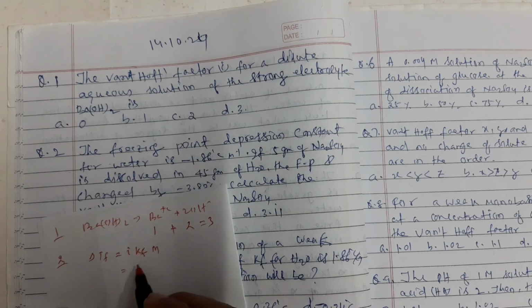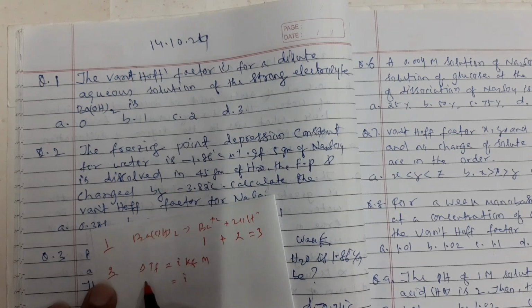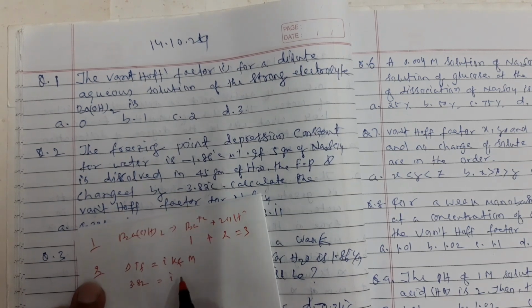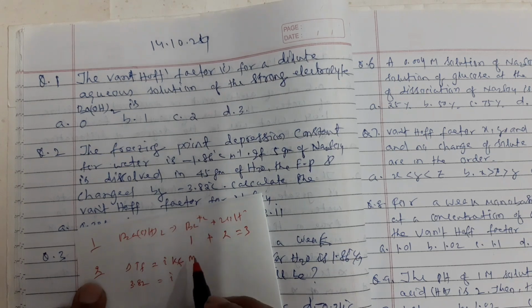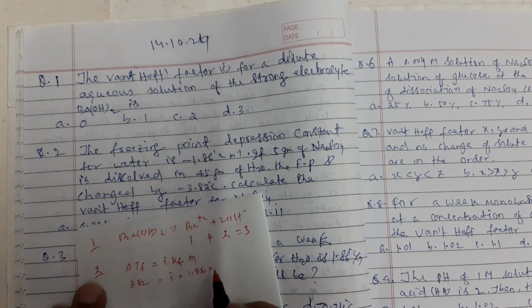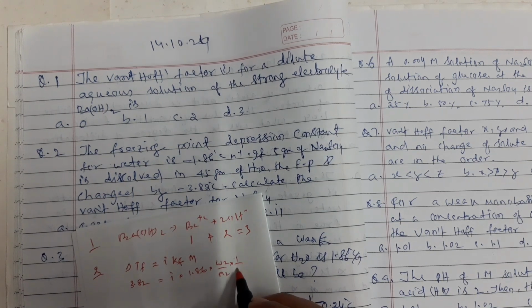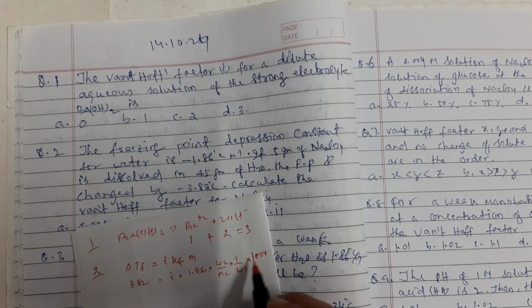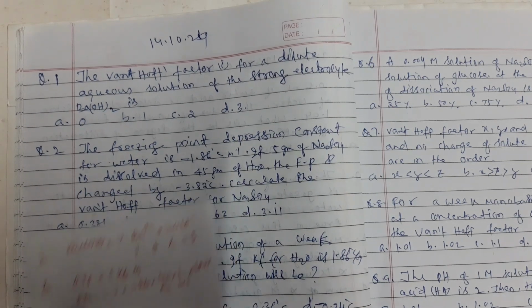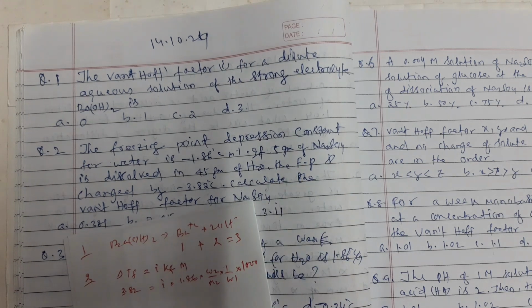For i you have to find out; delta Tf is given as 3.82, Kf is 1.86. Then for molality you use the formula W2 by M2 by W1 into 1000. So what is W2? You are taking 5 gram. 5 gram of sodium sulfate is added.